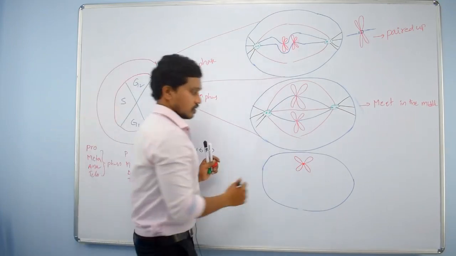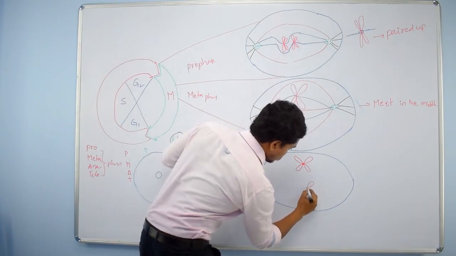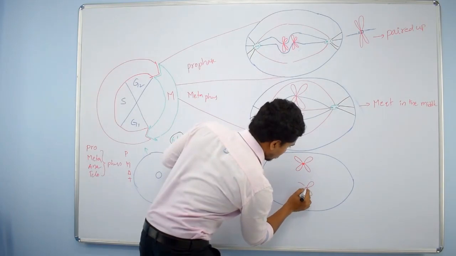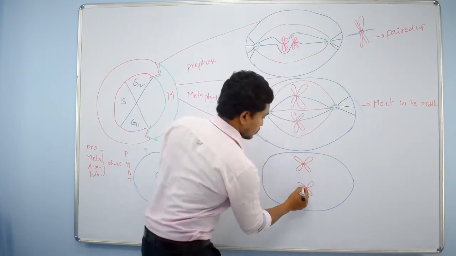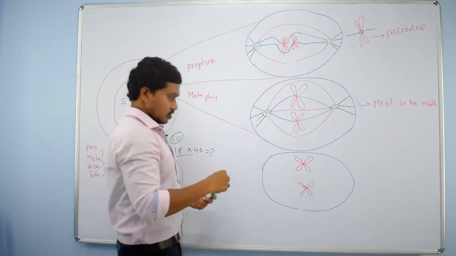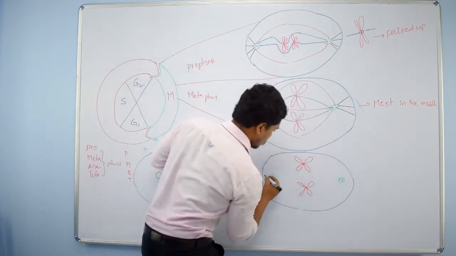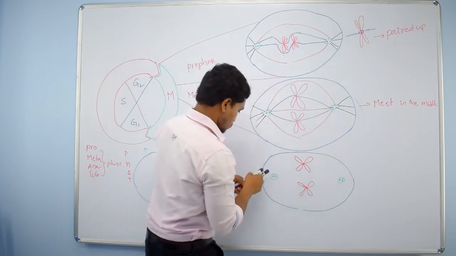Centromere. Then here another chromosome with the centromere in the center. This is the centromere, right? Now what is this? Centrosomes, clear?